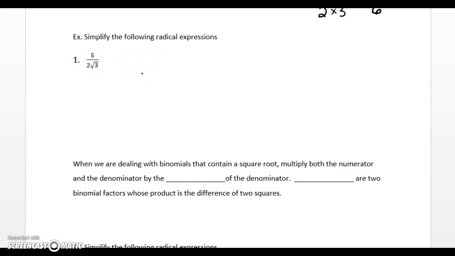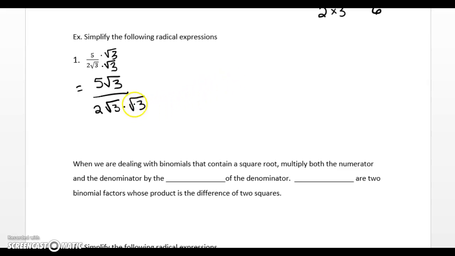So what you want to do is multiply it by itself. You multiply square root of 3 on the bottom, and what you do to the bottom, you have to do to the top. So you're going to multiply the numerator by square root of 3 as well. What we'd be left with is 5 square root of 3 over 2 square root of 3 times square root of 3.